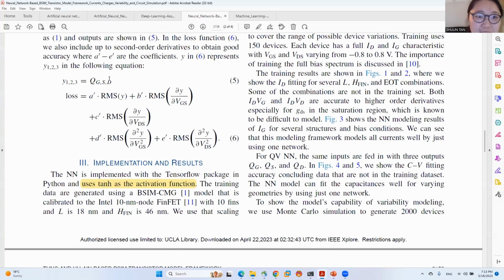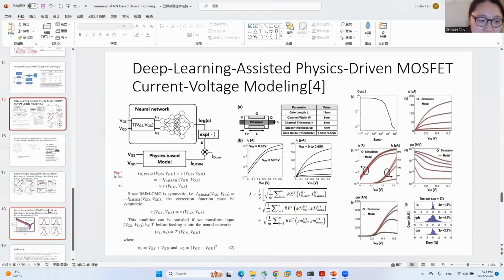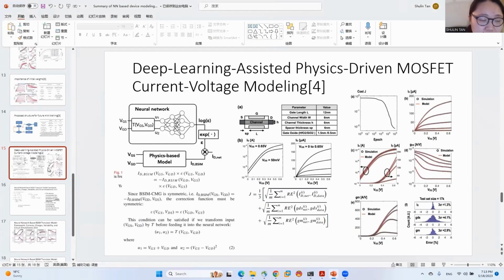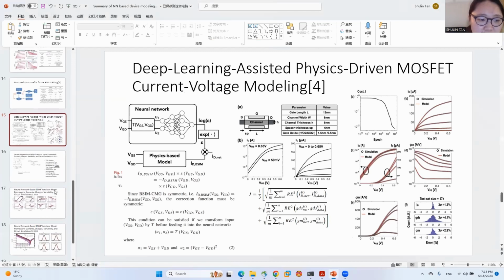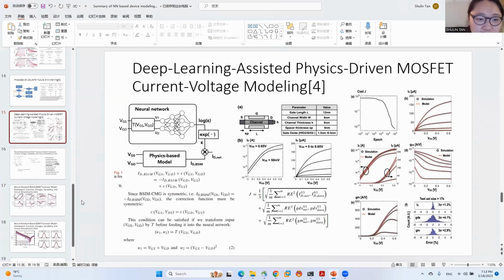So article number 4 and article number 5 are basically of the same group. Number 5 just uses the structure of number 4.